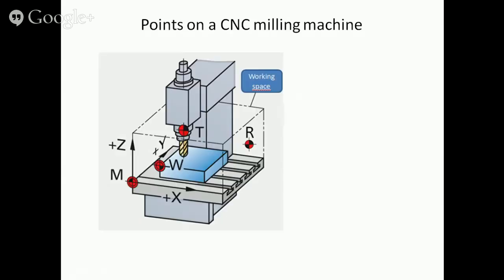Let's now analyze the points on a CNC milling machine. The symbols are the same as on a CNC lathe machine. Remember that the red color is usually replaced by white color.